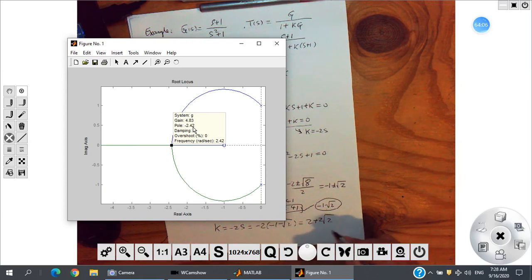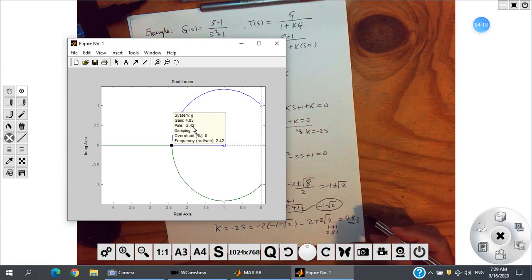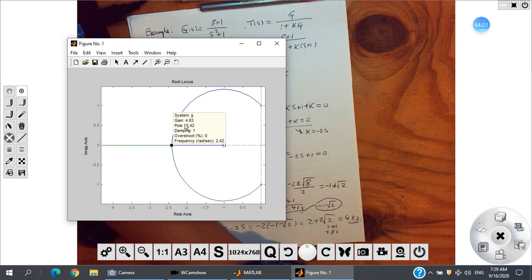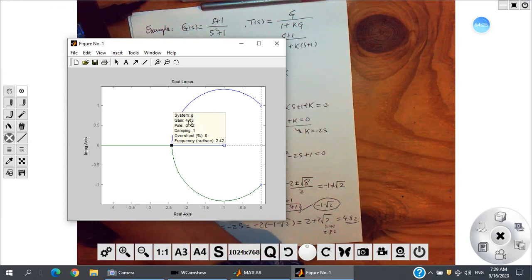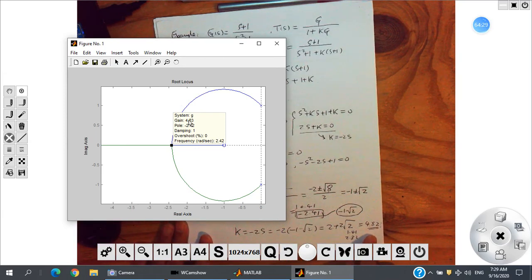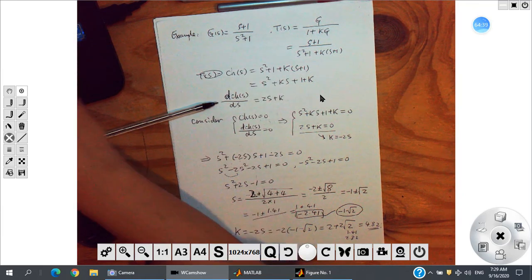With 1.41, that is 2.82 plus 2, so 4.82. The answer here is 4.83, maybe better than my number here. So you can find the break point. Got it? This is one thing.